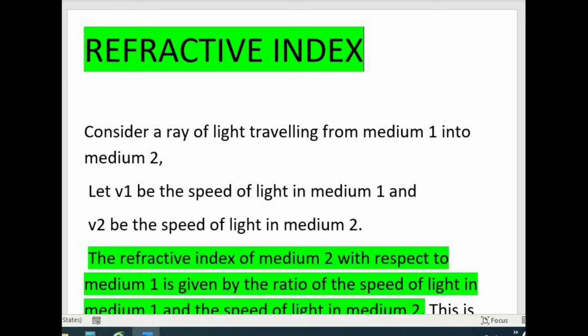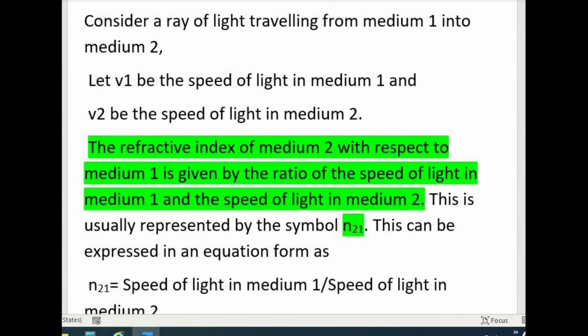Let v1 be the speed of light in medium 1 and v2 be the speed of light in medium 2. Then the refractive index of medium 2 with respect to medium 1 is given by the ratio of the speed of light in medium 1 and the speed of light in medium 2.